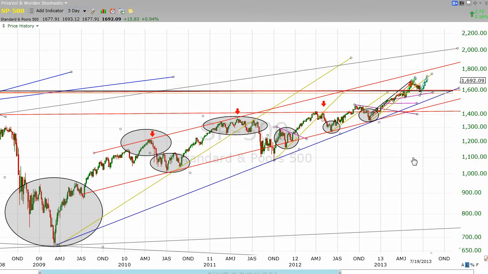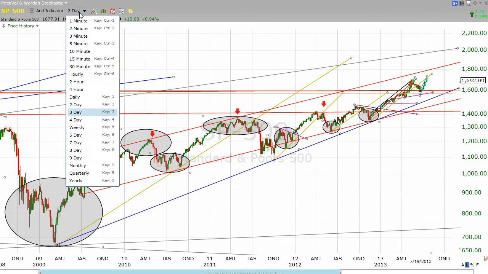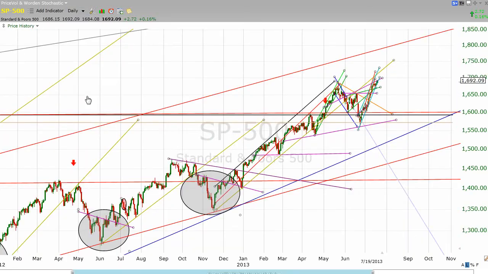Even though we are setting a series of new highs in the S&P and in the markets in general, here is that rising line, and you can see it broke, and now we are moving up to the right and underneath this line.